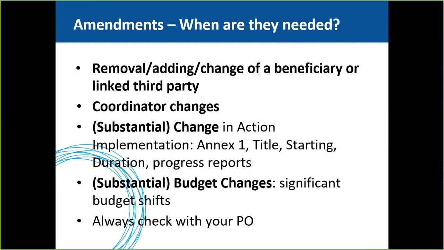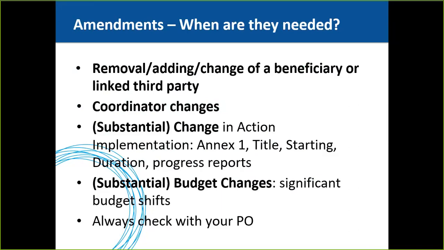And of course, if you see any substantial differences in Annex 1, such as the title, the starting date, the duration, the progress reports, any substantial differences that were written in Annex 1 and you are thinking that there will be a change, you should request the amendment first, before the change actually occurs.